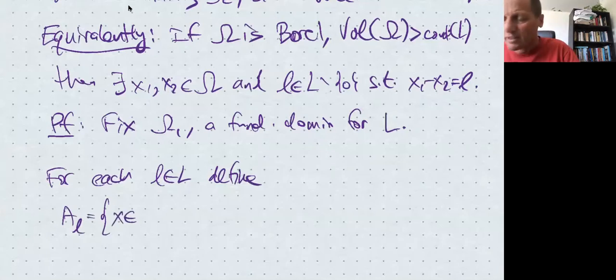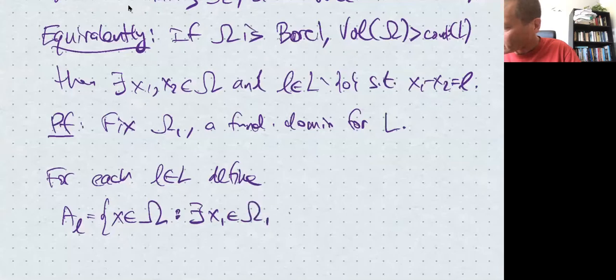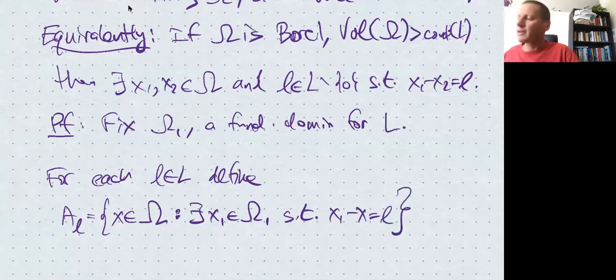I'm just making the same definition for omega, which I don't know is a fundamental domain. I just know that it intersects every equivalence class at most once. So this is the definition.